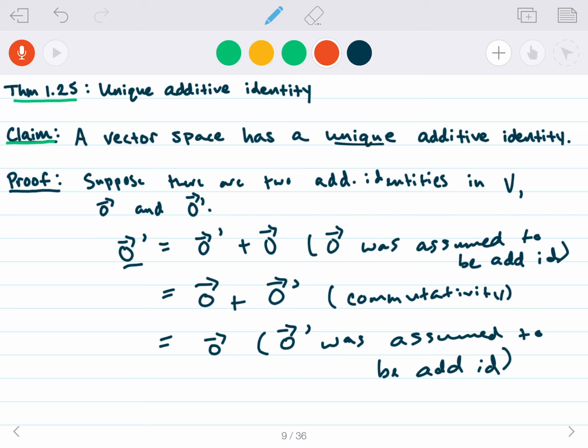We've shown that if we have two additive identities, 0 and 0 prime, then they must be the same thing, right? So 0 prime is equal to 0, and we're done. So there is only one unique additive identity. There can't be two. And if there are two, then they're the same. They equal each other. Okay, so that's what that proof shows.